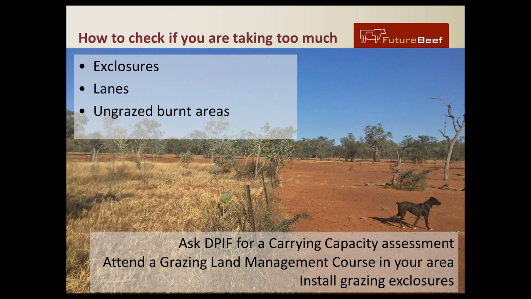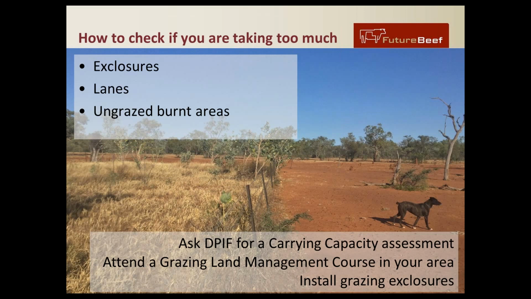Or, alternatively, you could ask a DPIF member for a carrying capacity assessment. You could even attend a grazing land management course, which we are going to run in the next little while, or you could install some grazing exclosures, like you can see in the background there.